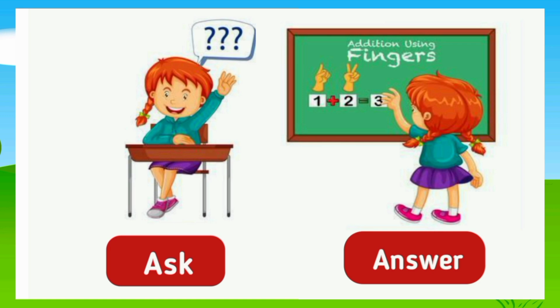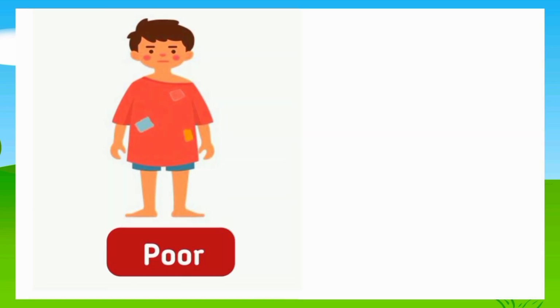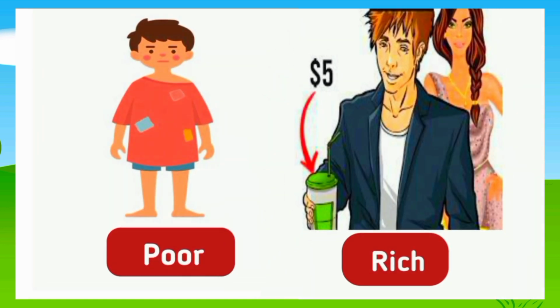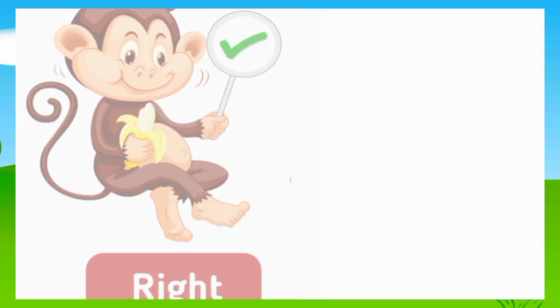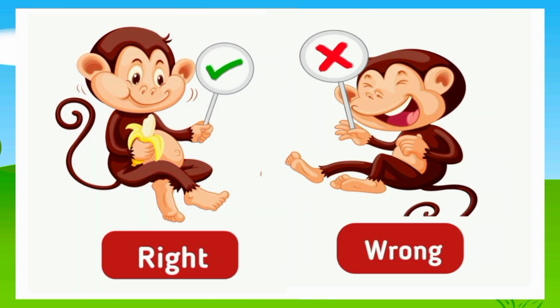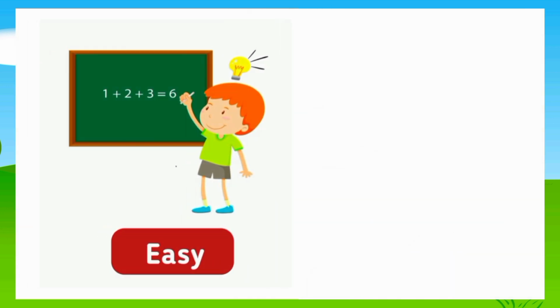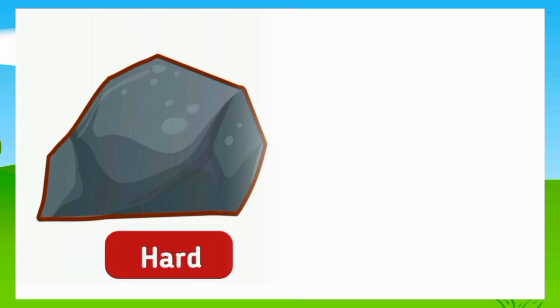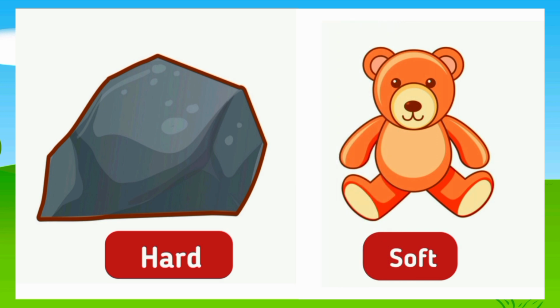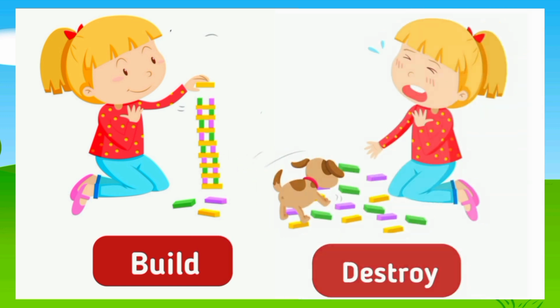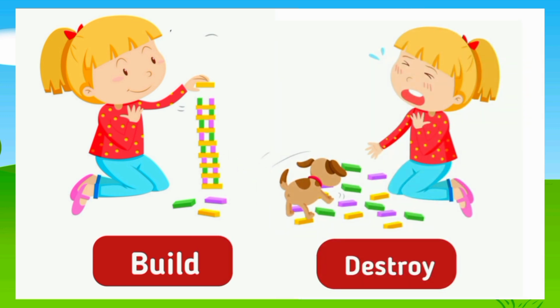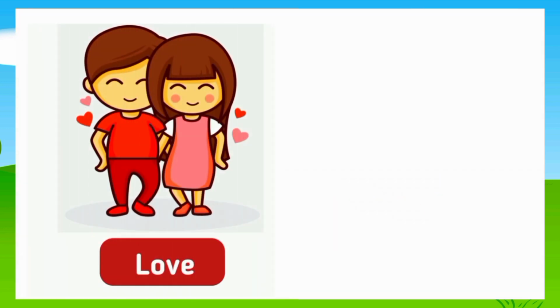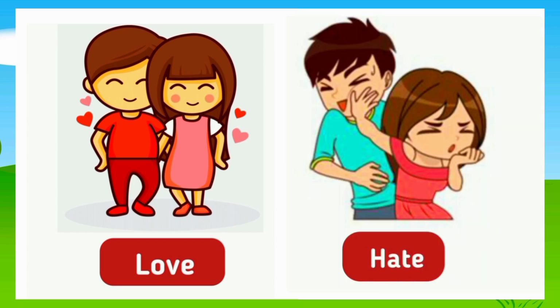Answer. Poor. Rich. Right. Wrong. Easy. Difficult. Hard. Soft. Build. Destroy. Love. Hate.